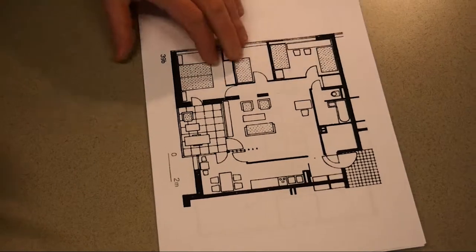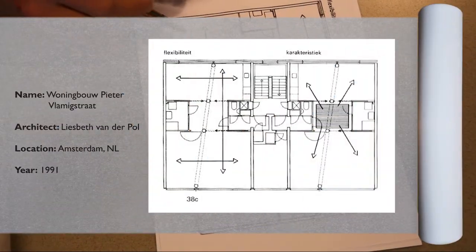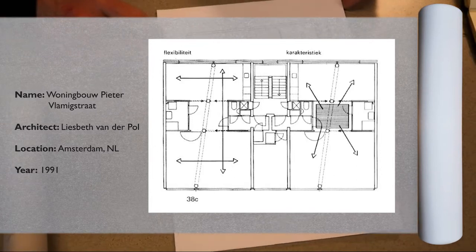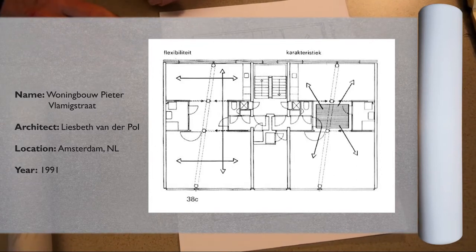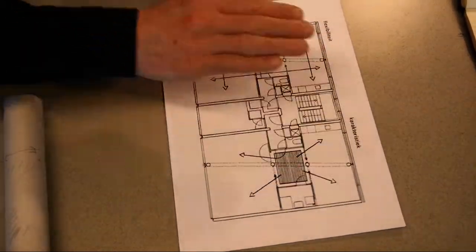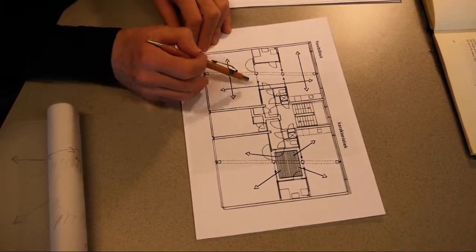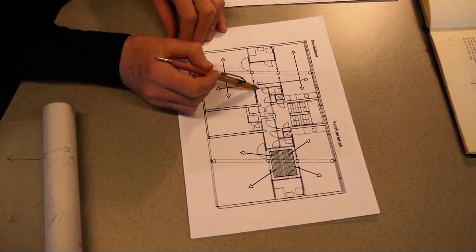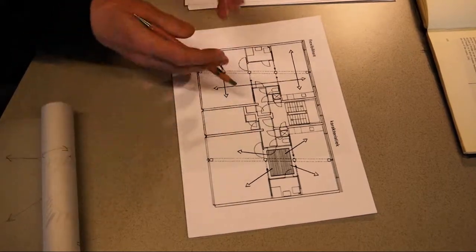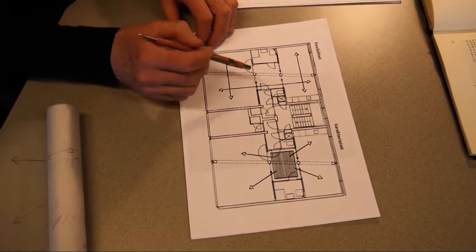This can be done in other ways too. This is a plan by Lisbeth van der Pol, Dutch architect. These are two possibilities for the same apartment actually. So she made this apartment with a big or generous hallway in the middle.